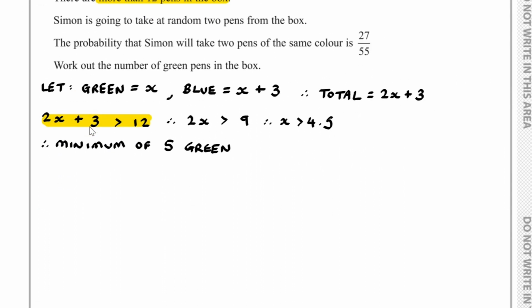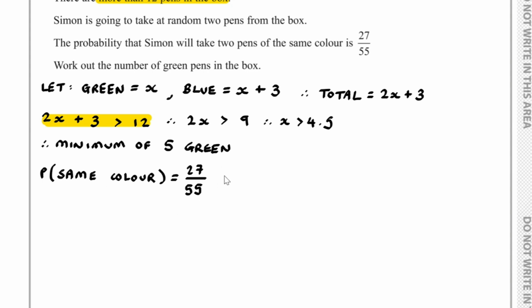Now, we know that the probability that we have the same colour is equal to 27/55.